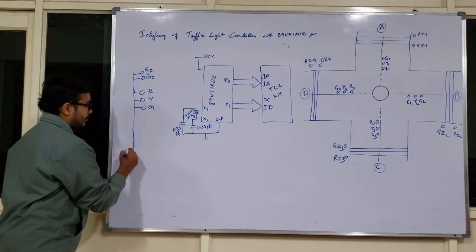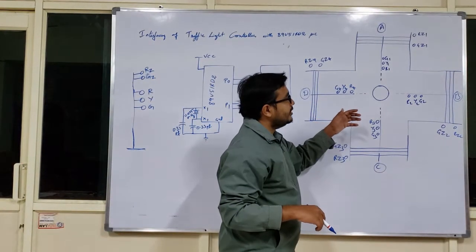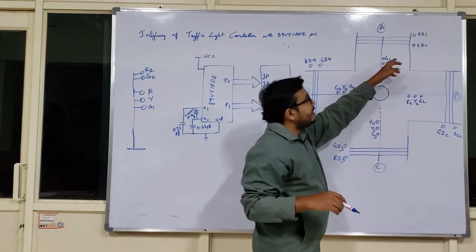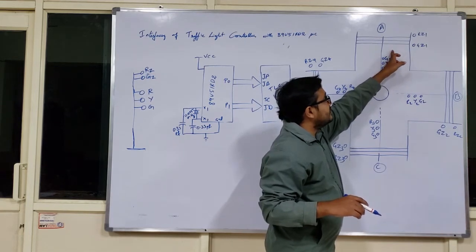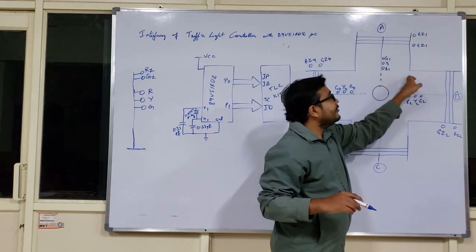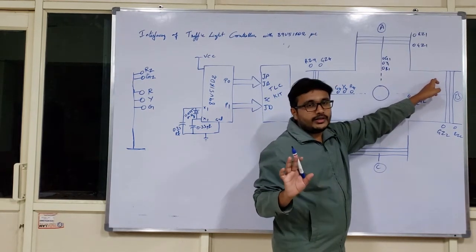Now, as I have said, in India we have the free left concept. That means if the passengers with vehicles want to take the B road, they can take it free left.